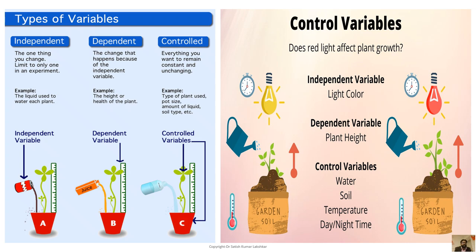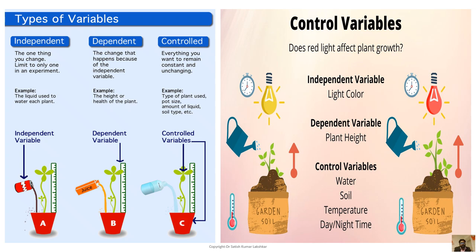Second is the dependent variable. In this case, what we want to study is the change that happens because of the independent variable. So the height or the health of the plant. Now third is the controlled variable. So everything you want to remain constant and unchanging. What is being kept constant in this case? Number one, the water or the liquid.